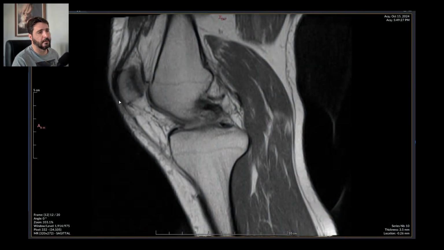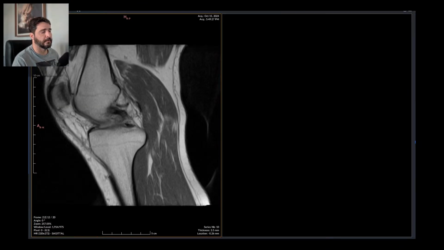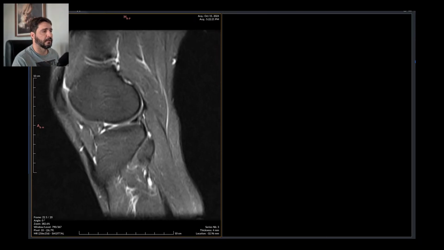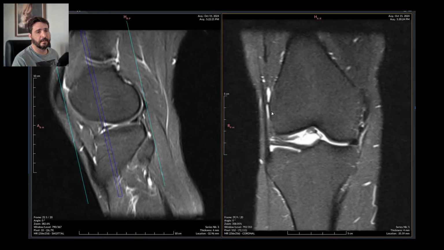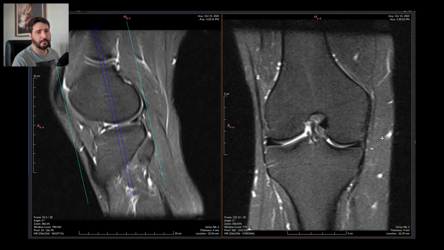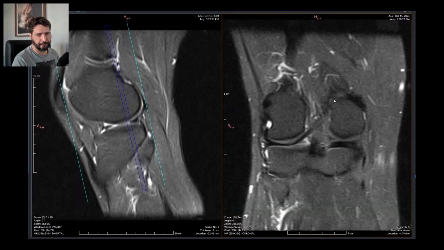I suppose this knee isn't normal. It's probably fractured. So this is a better scanner for sure.